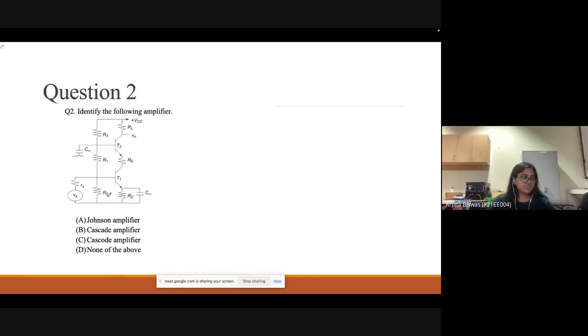Okay. Srikant, what is the right answer? Just see the position of the T2 and T1 transistors.